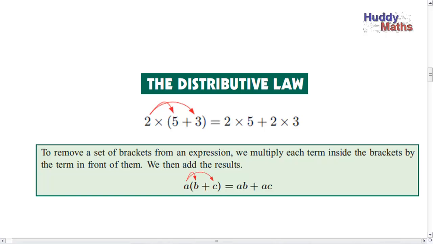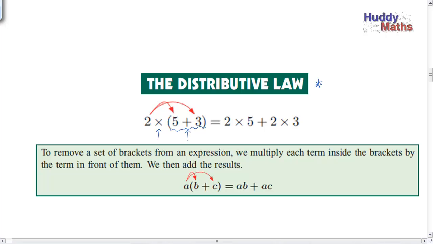And let's have a look at this first law. It's called the distributive law. You don't have to know the name, but it helps to remember what's going on, because we're distributing. See this, 2 times 5 plus 3 means 2 times 5 plus 2 times 3. So you're distributing the operation of multiplication over the operation of addition.